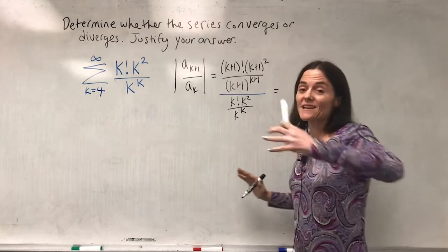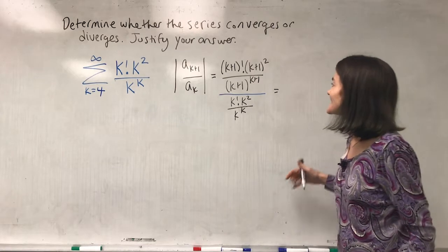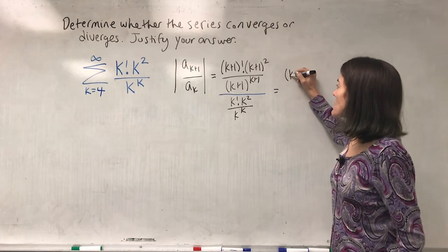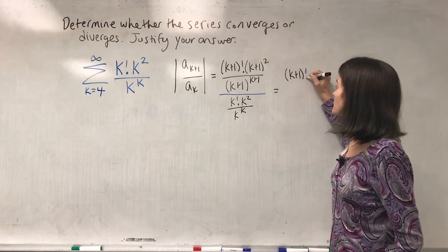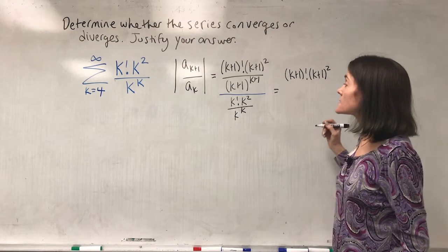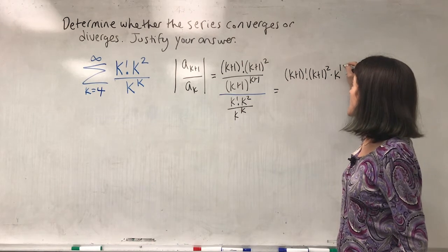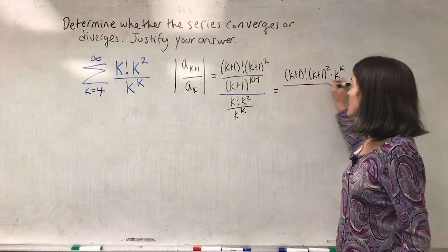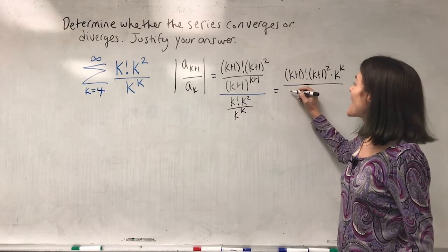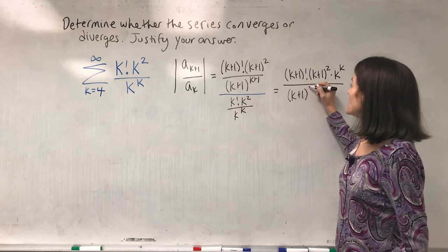Okay, well, we invert, we multiply, then we're going to have to do some work. So for the moment, let me keep this in the numerator. Then we have this in the numerator. What else is in the numerator? We can see here, this is going to be a k to the k. Okay, then what's in my denominator? Okay, well, I have a k plus 1 to the k plus 1.